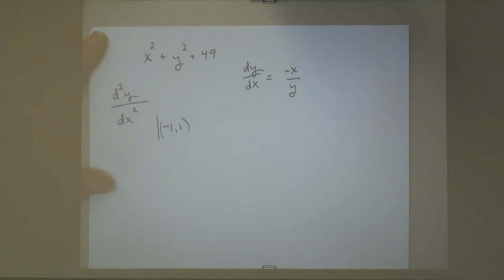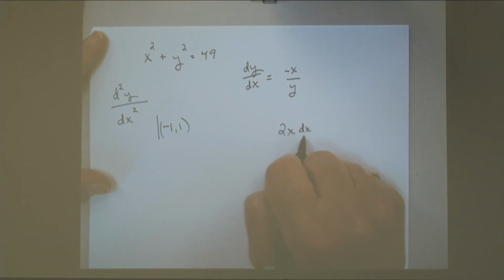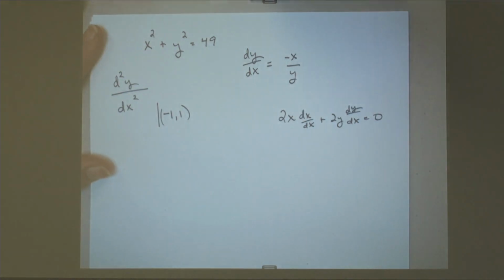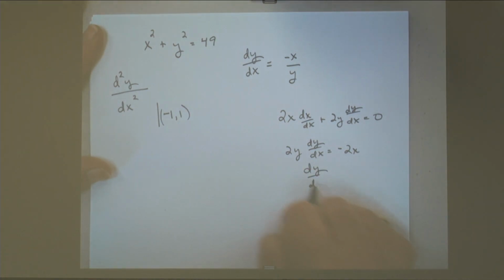But if you didn't realize that, then you have 2x dx/dx plus 2y dy/dx is 0, which of course gives you 2y dy/dx is negative 2x, and dy/dx is negative 2x over 2y, giving you negative x over y.